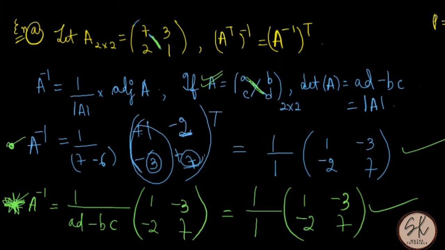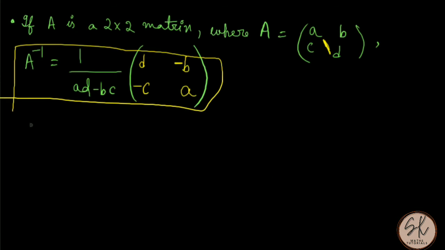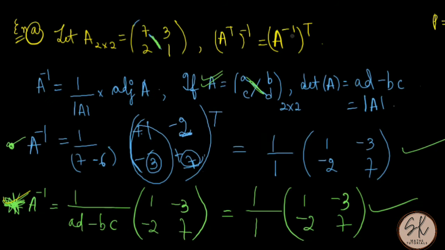Okay, so now let us get back to what we need to prove. So this is the inverse that we got, and this is the original matrix. Now we will find the transpose of the inverse. So see, we got A inverse is equal to 1 minus 3 minus 2, 7.